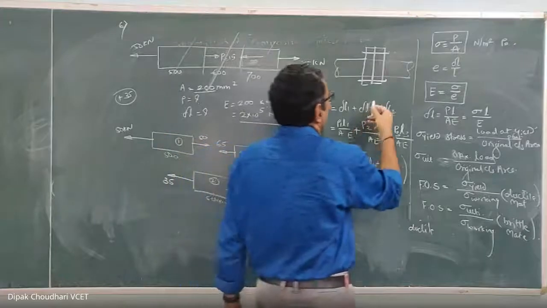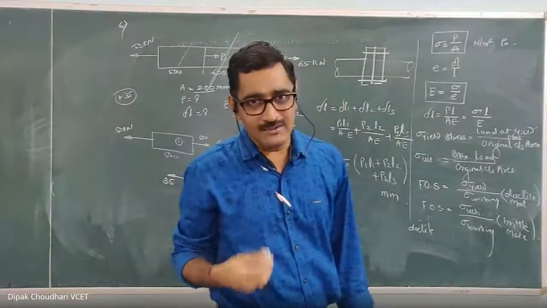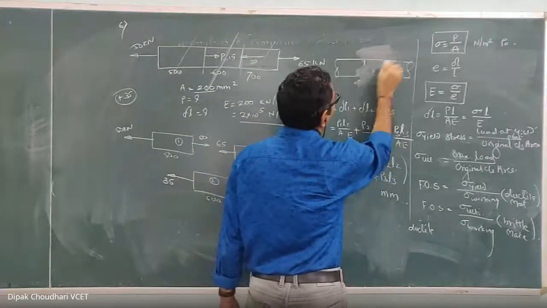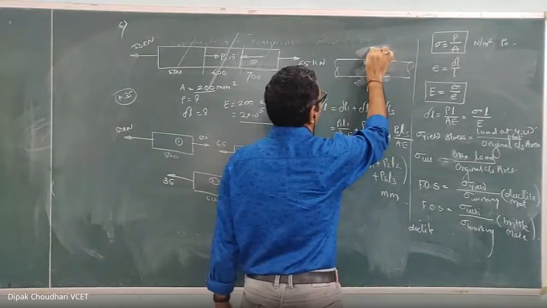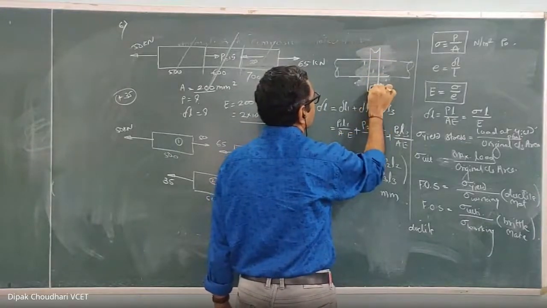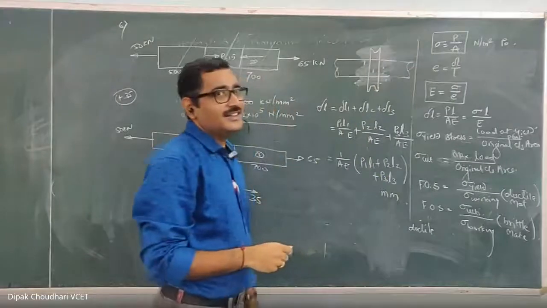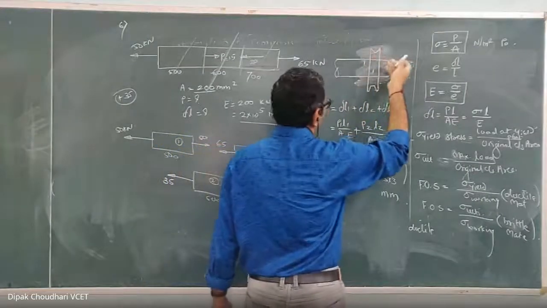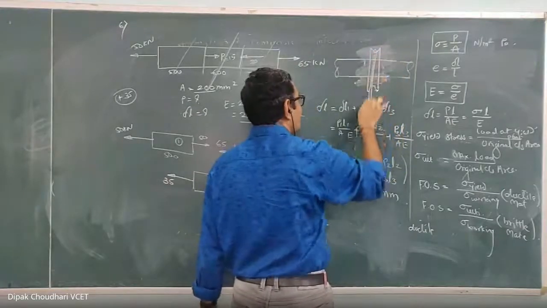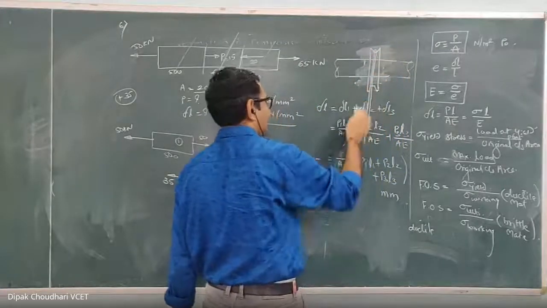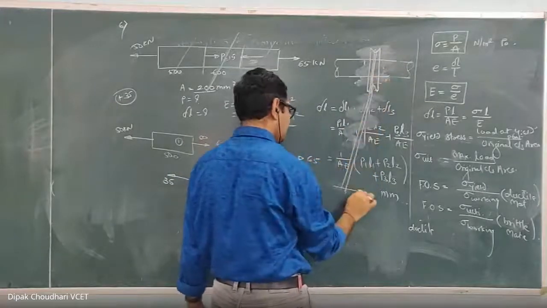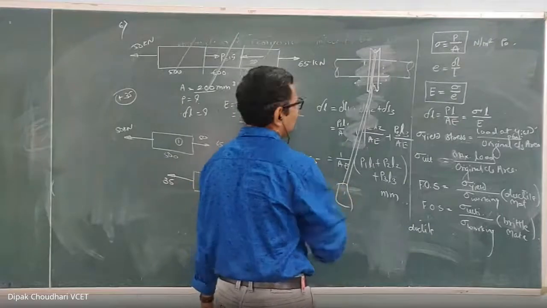Or if there is a pulley mounted on the shaft, and the belt passing over this pulley is not vertical. It is somewhat inclined. Here another pulley is there.